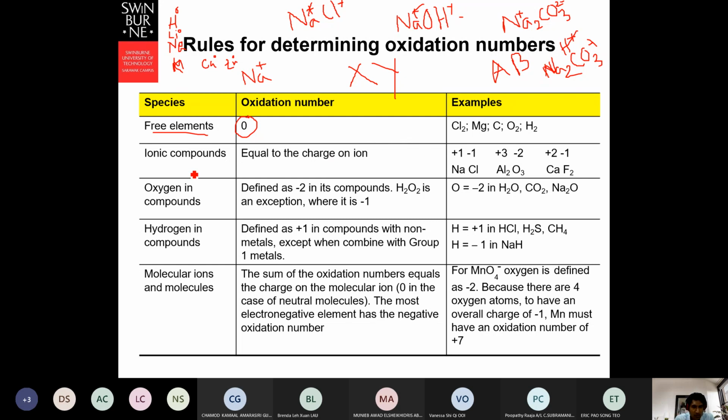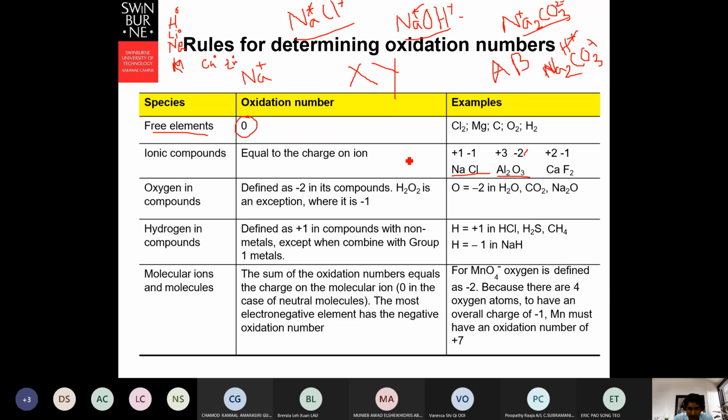And then ionic compounds. So far, I was talking about sodium carbonate, sodium chloride, all those things are ionic compounds, and they should have equal charge on ions. For example, sodium chloride, positive and negative. Aluminium oxide, also 3 positive, and oxygen has 2 negative. So 3 and 2, how come they become equal?